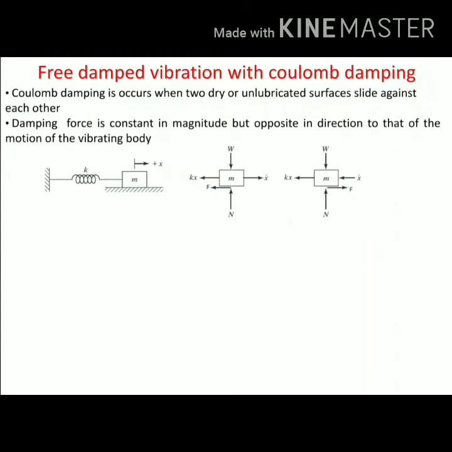So we draw the free body diagram of the displaced mass. We see what are the forces acting on the mass: a spring force kx, friction force F in the opposite direction of velocity, N is the reaction, W is the weight, then inertia force opposite to the acceleration.